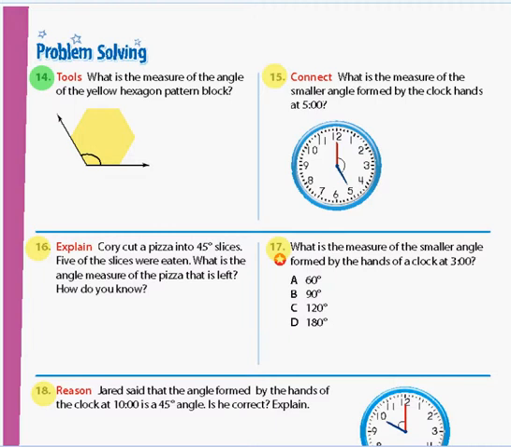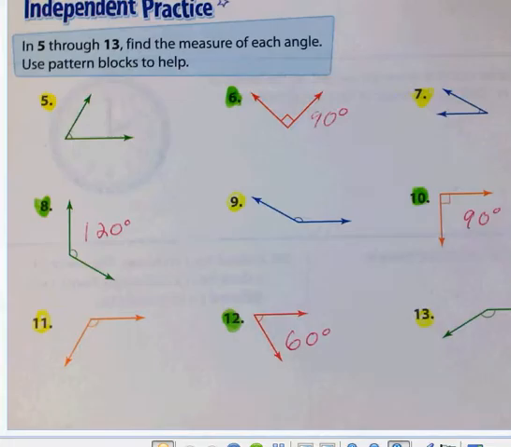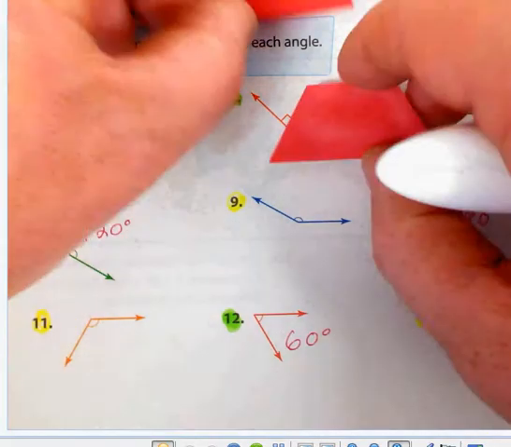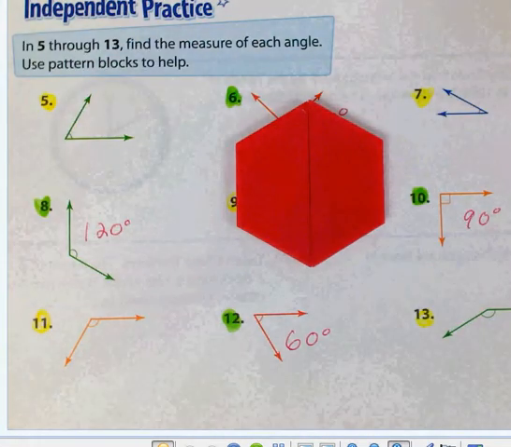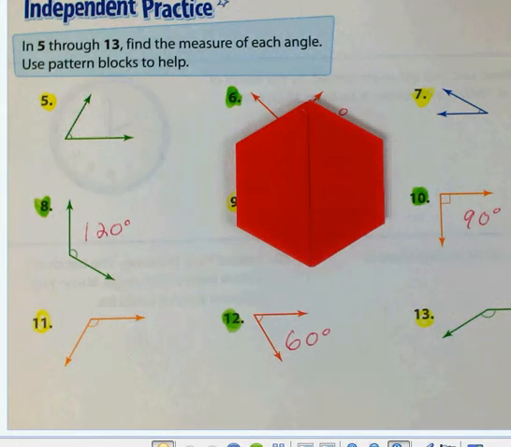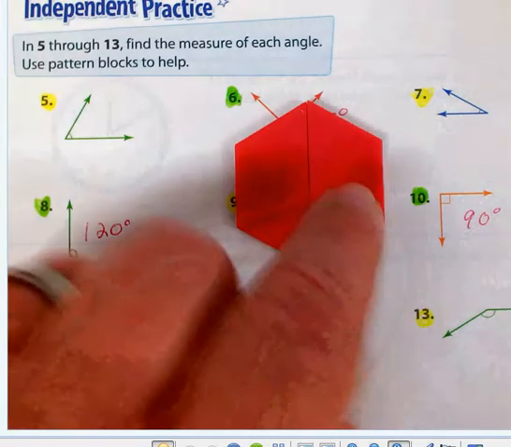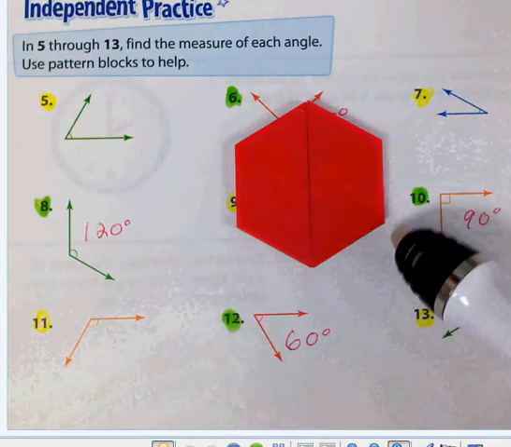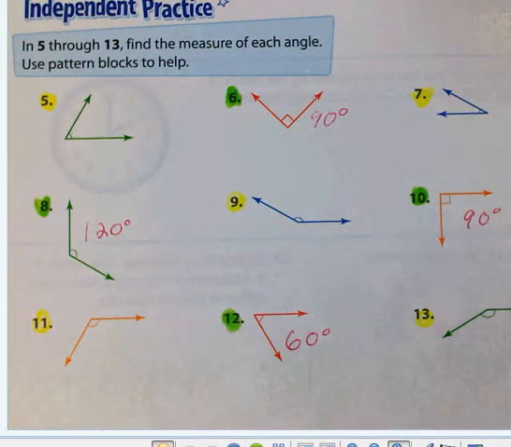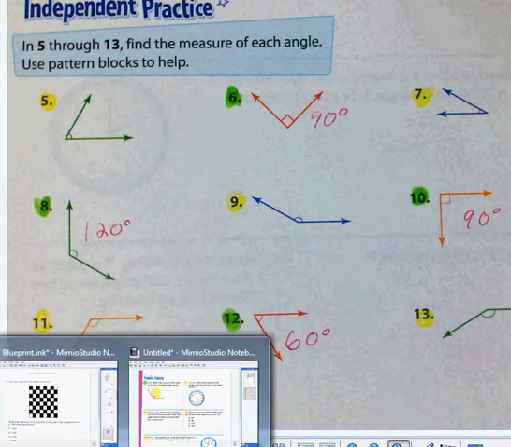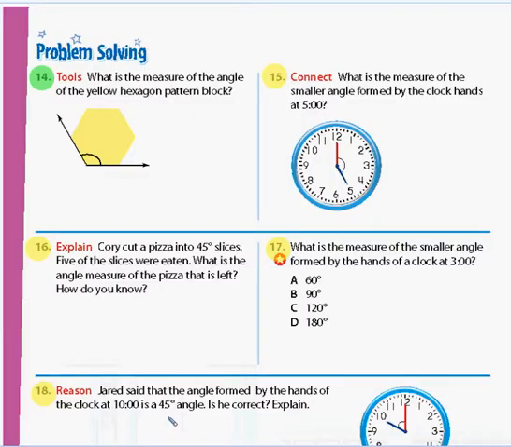Let me go back to the picture one more time, and I'll show you that two of these trapezoids together makes a hexagon. So all the angles on the hexagon are going to be the same as the larger angle on our trapezoid. When we figured out the larger angle on our trapezoid, it was 120 degrees.